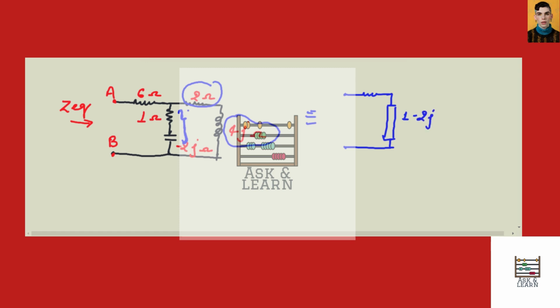As these are also in series, we can simply add both of them. Let's suppose this is the second branch, and the equivalent impedance will be 2 plus 4J, right? This is the impedance across this branch, and this is the impedance across this branch, and this is the 6 ohm. Let's suppose the equivalent impedance across these two is Z1.